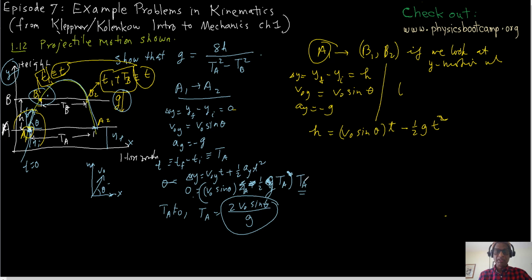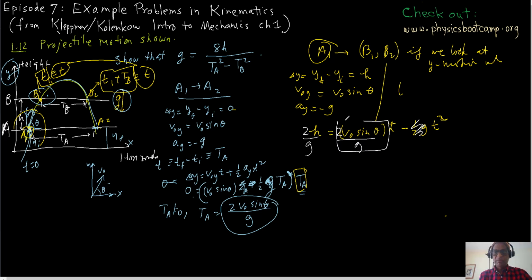Over here it was quadratic also, but one of the answers was not valid. So in this one you can see v0 sine theta, let's make sure that we multiply by 2 over g, and you can get rid of that.